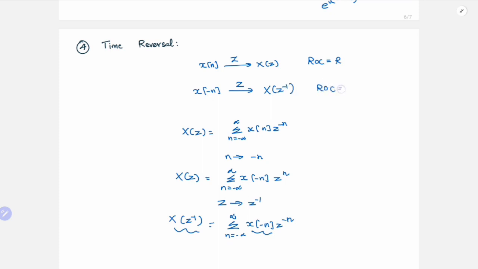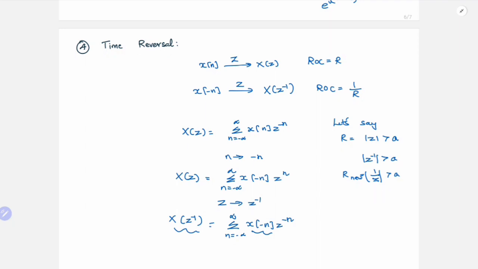And my ROC will be, suppose let's say your R was nothing but mod z greater than A. Now your new z is replaced with z inverse. So 1 by mod z is greater than A. This is your new ROC, right? So your ROC will be represented by 1 by R. So this is the definition for it.